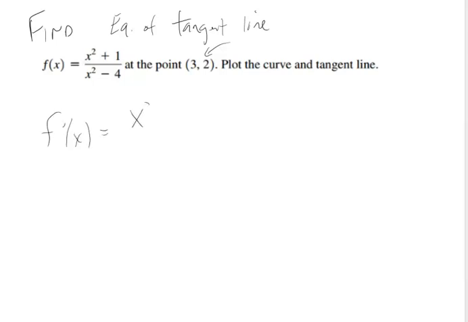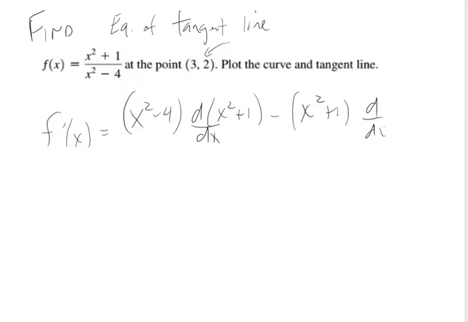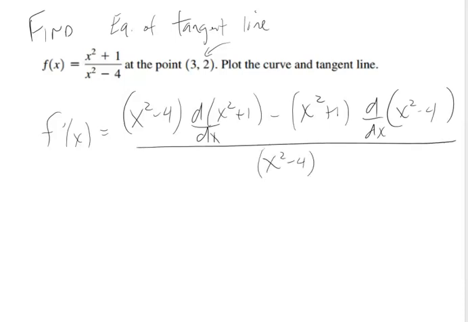So I go low d high minus high d low over low squared. All right, and then we do some algebra.